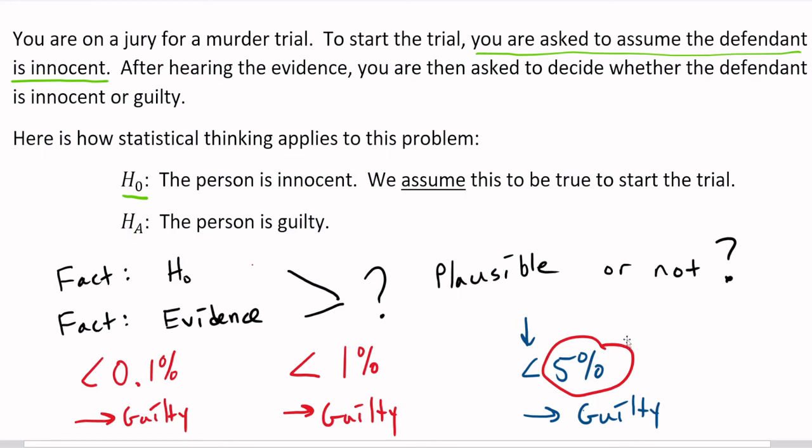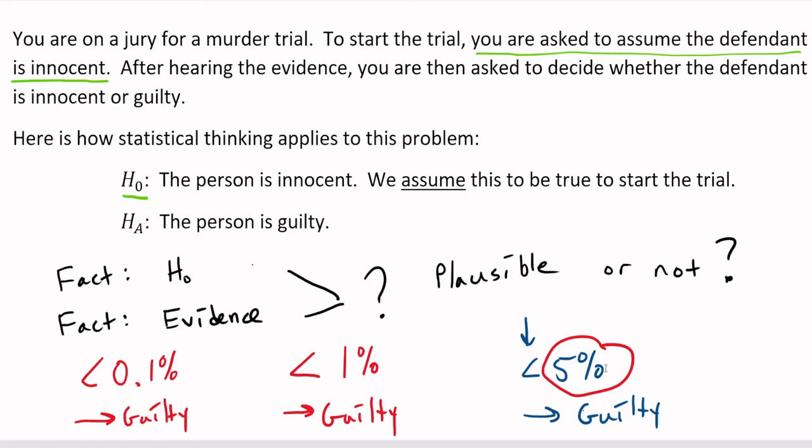So inherently, because of the math, if you're okay with 5%, you are going to be sending, not you, because you're not always on the jury, right? But the royal you, the royal we as a society using the system, are going to be sending innocent people to jail. It just so happened that there was all of this evidence that convinced people to get to this 5% cutoff, and it could have been happenstance or a lot of other things. The evidence could be fabricated.